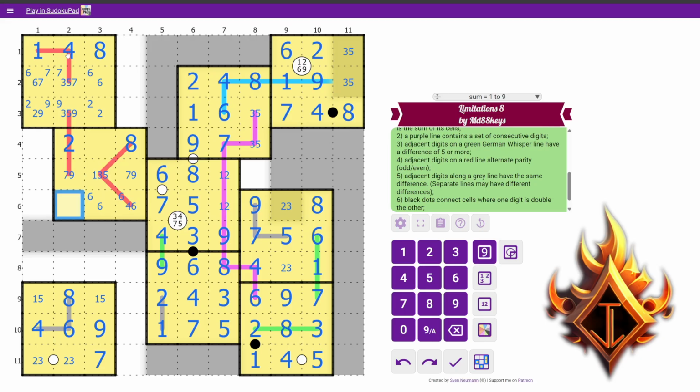What is here? 1, 2, 3, 4, 5, 6, 7, 8, 9. That is 1 or 3. 1, 2, 3, 4.